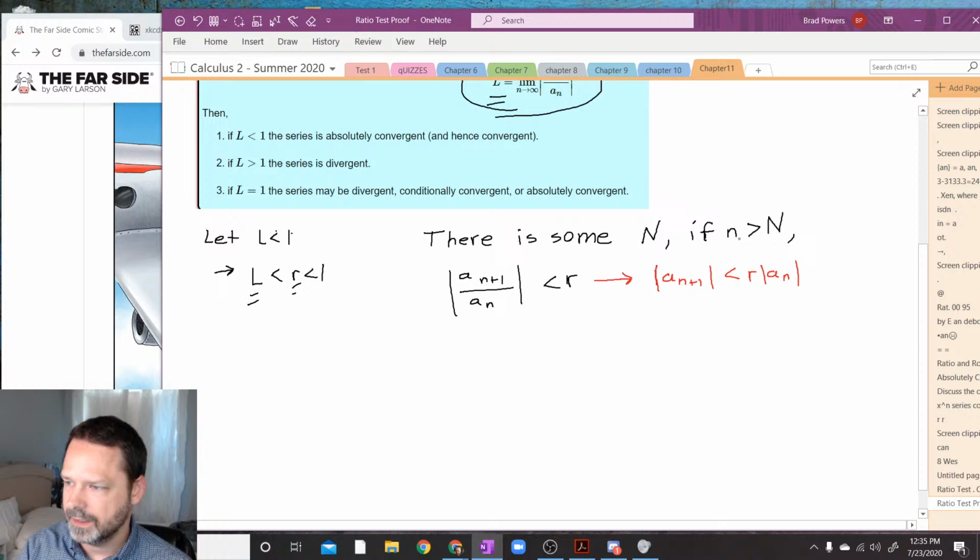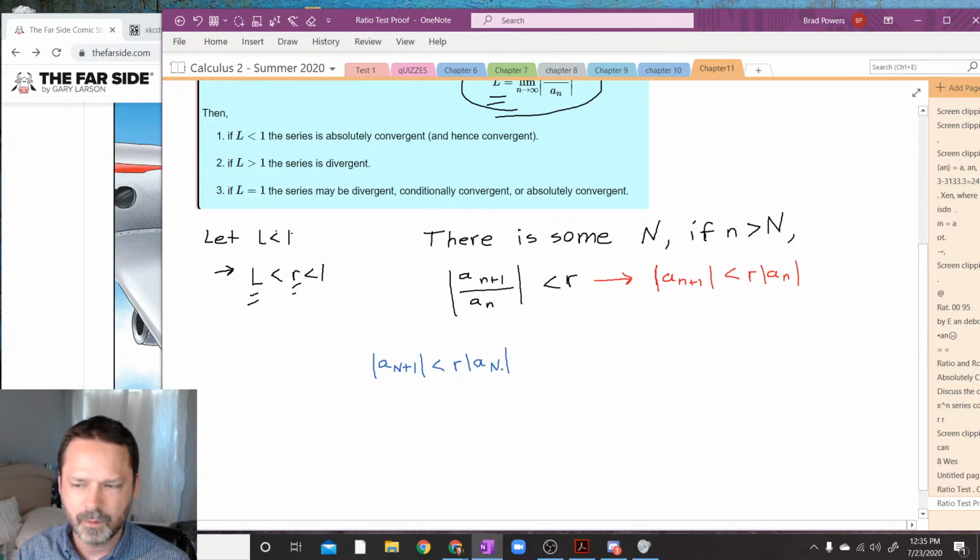Let's start with capital N. If I plug in capital N, the absolute value of a sub capital N plus 1 is going to be less than r times the absolute value of a sub capital N. Okay, so we'd have that be true.